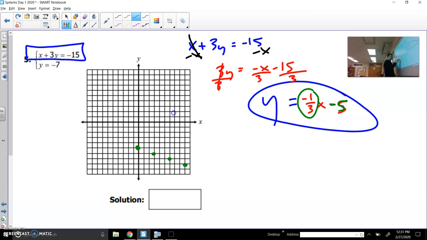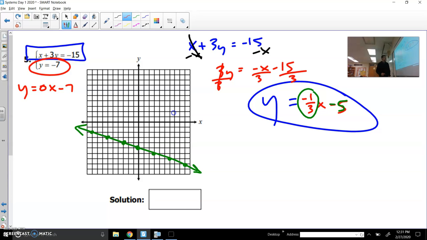And eventually, when I graph the second one, I am looking for points, or a point, where they are equal to each other, where they cross each other. Okay? So the second line, this is a very special case, because basically this is y equals 0x minus 7.